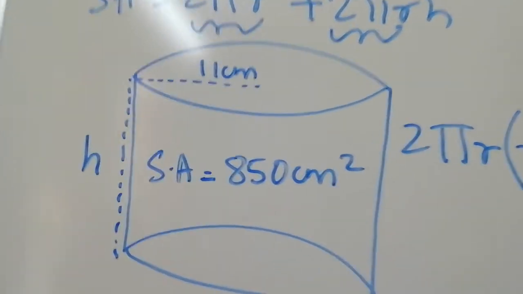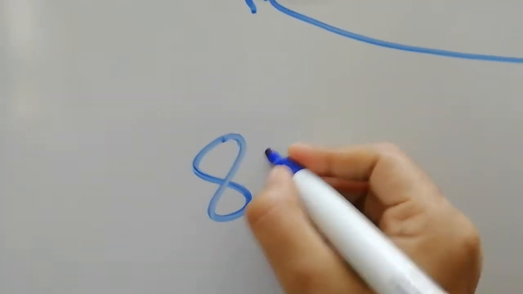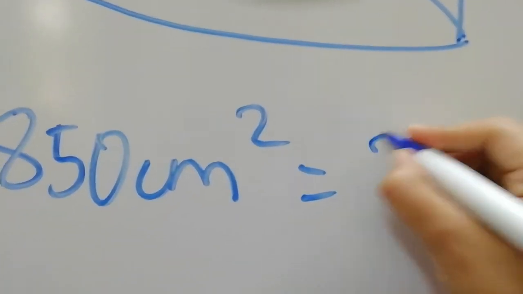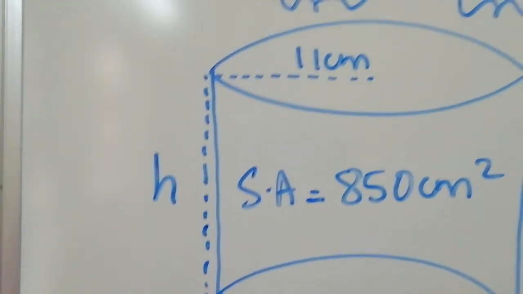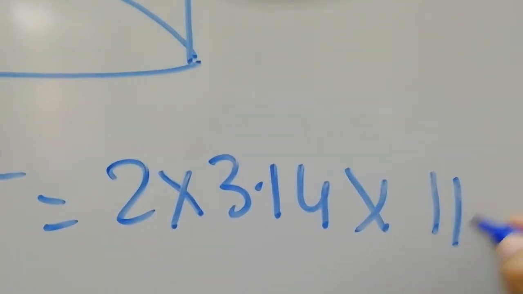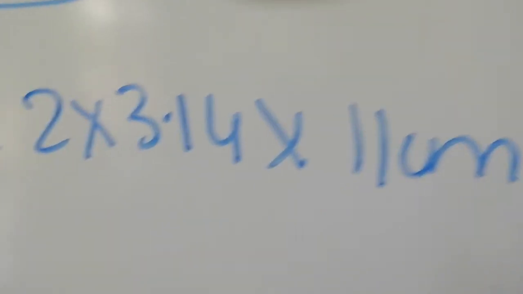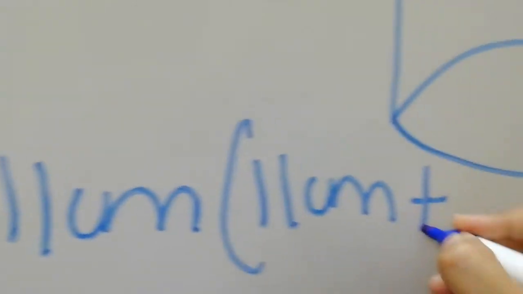Now over here we have got a surface area of 850 centimeters square. So 2 pi r, that is 2 into 3.14 into r, they have given here as 11 centimeters. I will write 11 centimeters as r, and we have to find h. So 11 centimeters plus h.